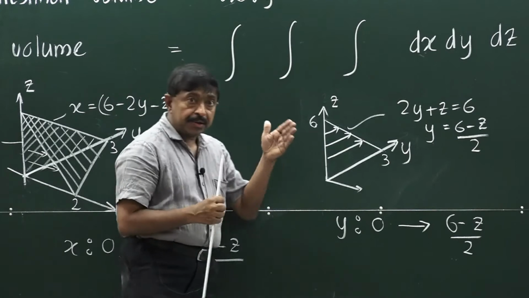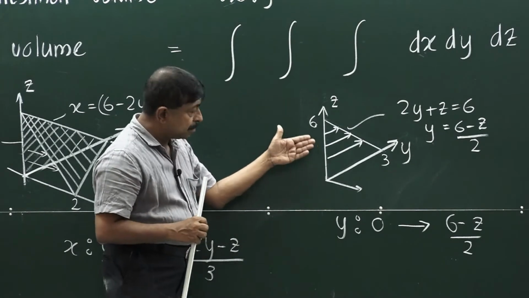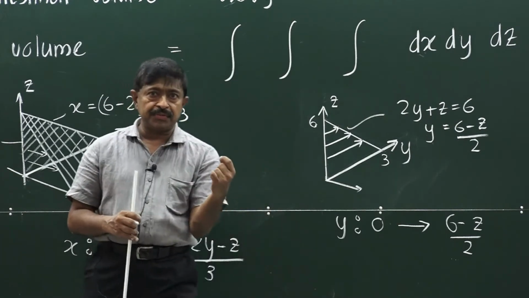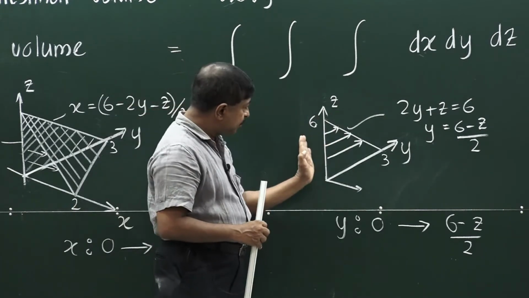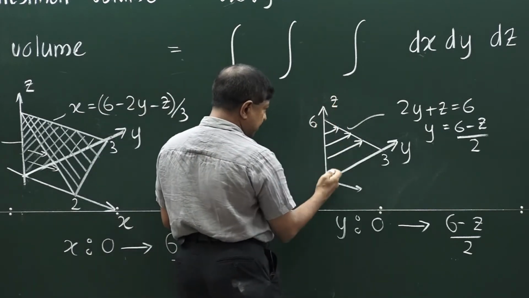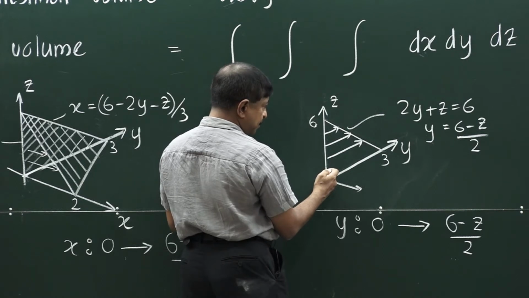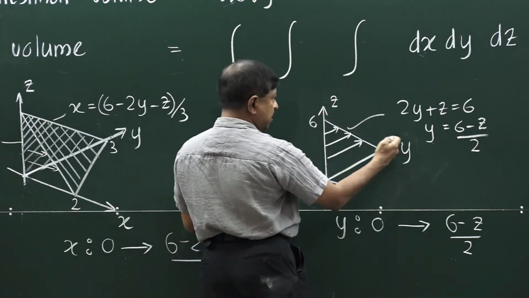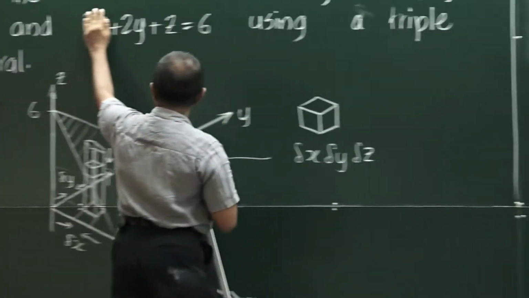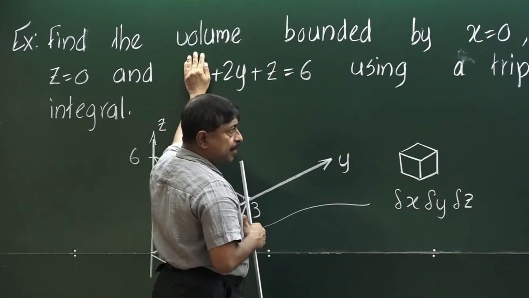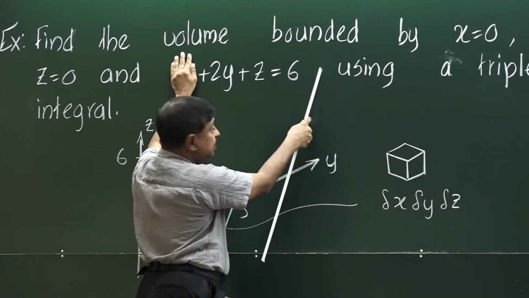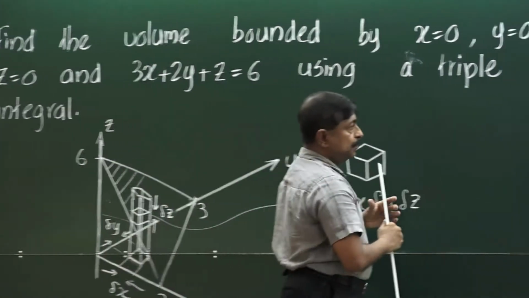While restricting ourselves to this triangle, we try to figure out how y varies. You can see that in this line y is equal to 0, right. Here, x is 0 in this plane, therefore you put x is equal to 0 and make y the subject. So, y is equal to, you bring this z to this side, 6 minus z over 2.